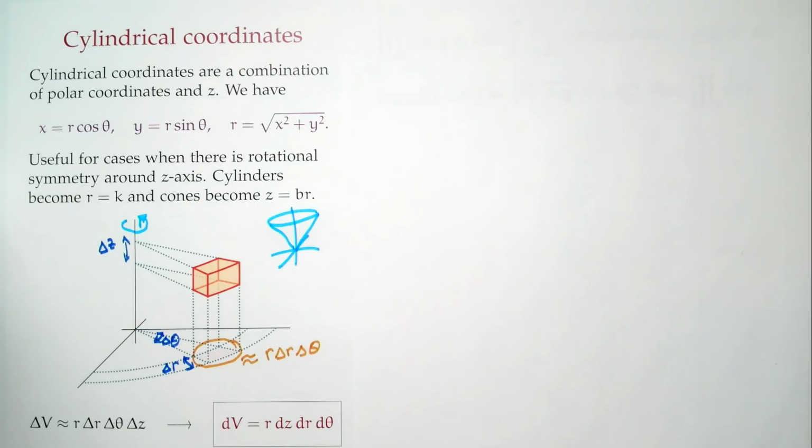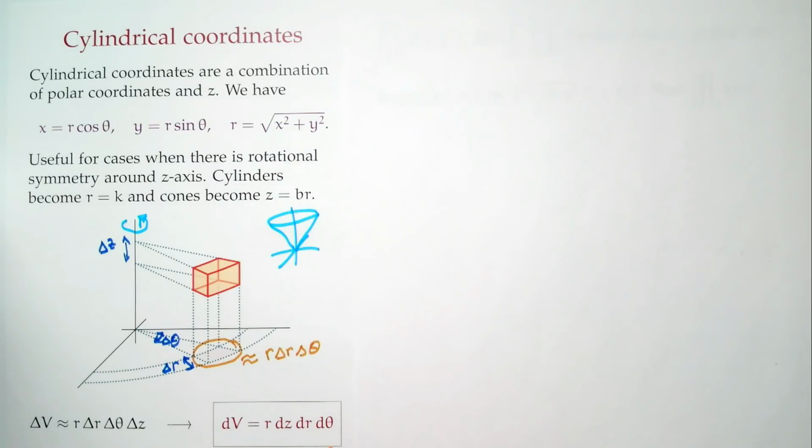Now, one thing I want to point out, and we're going to see this again in a few minutes when we talk about spherical coordinate systems, is that we should always think of dV as a little piece of volume. As a consequence, we should have three measurements of distance, because with volumes you can think of length, width, height. So where are the three measurements? Here's the thing to remember.